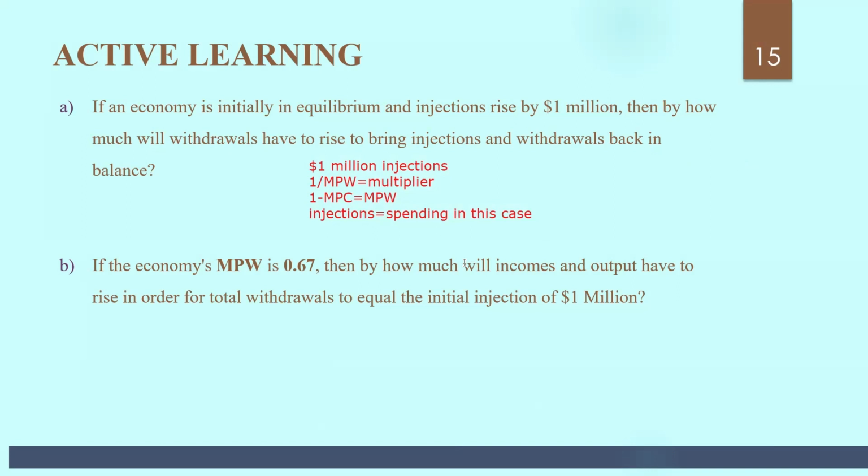And then if the economy's MPW is 0.67, by how much will incomes and output have to rise in order for total withdrawals to equal the initial injection of $1 million? So let's go through this here.